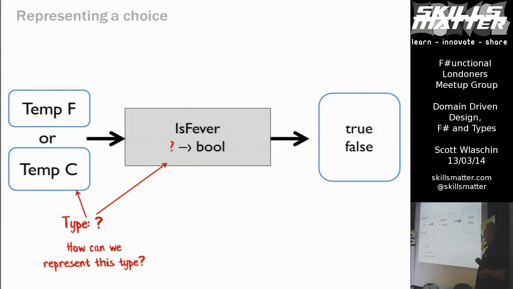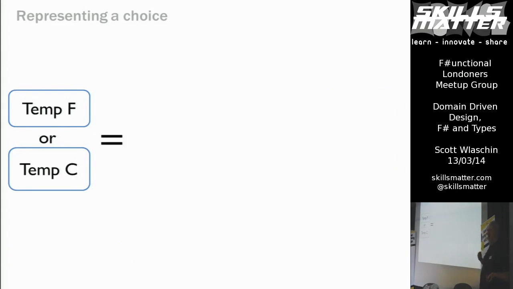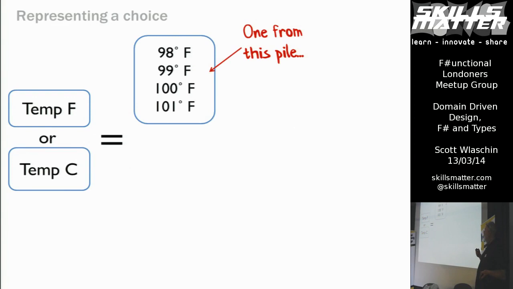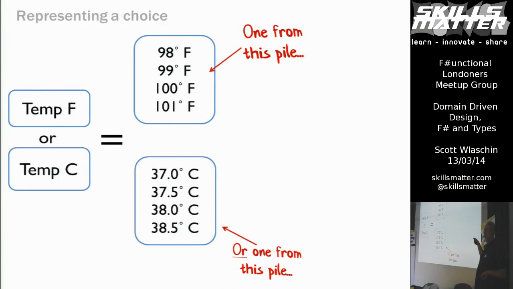Let's think about it in the same way. We have a list of all the possible temperatures in Fahrenheit, and we have a list of all the possible temperatures in Celsius or centigrade. Now, it's not every possible combination. It's one from that pile or one from the other pile. I can have a Fahrenheit one or I can have a Celsius one, but I can't have both.